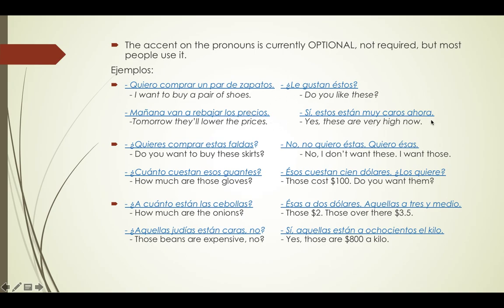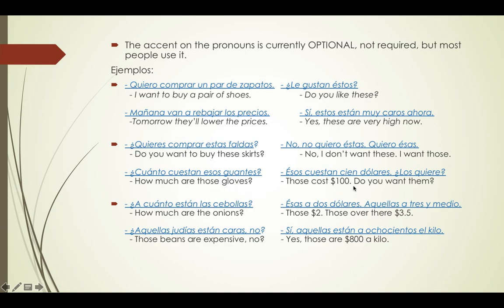Están muy caros ahora. ¿Quieres comprar estas faldas? No, no quiero estas. Quiero esas. So we are talking about skirts here, estas faldas. So in the answer, you do not reply with these skirts, but just, no, no quiero estas, quiero esas. ¿Cuánto cuestan esos guantes?